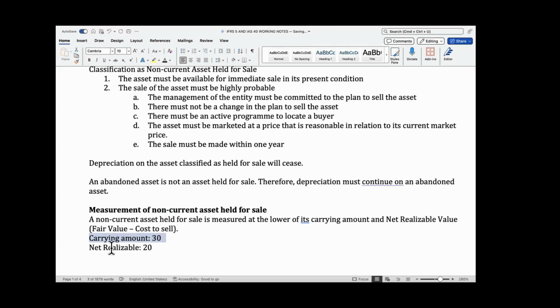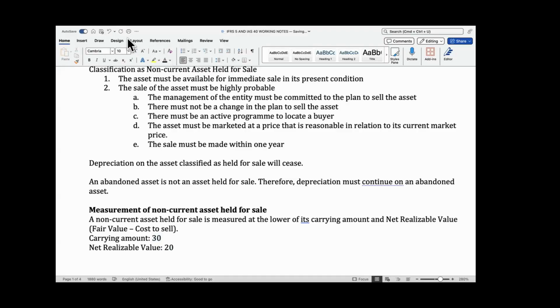You then have to start measuring it at the lower, which is the net realizable value. And in this case now, since the net realizable value is now lower, you will need to update your carrying amount. Since your carrying amount is the book value, you will seriously need to update it. And updating it means that you need to bring the asset down from 30 to 20.